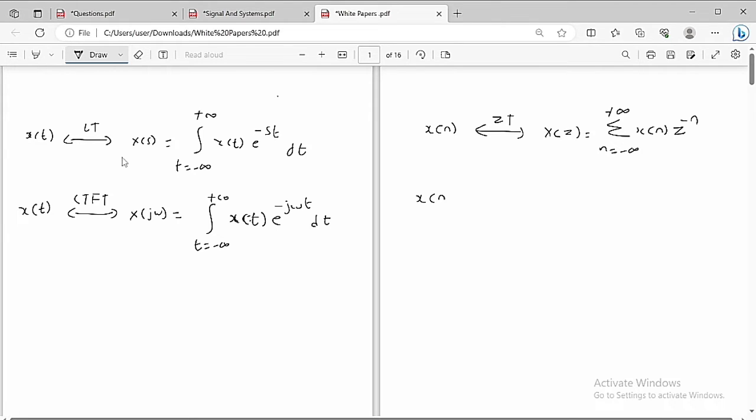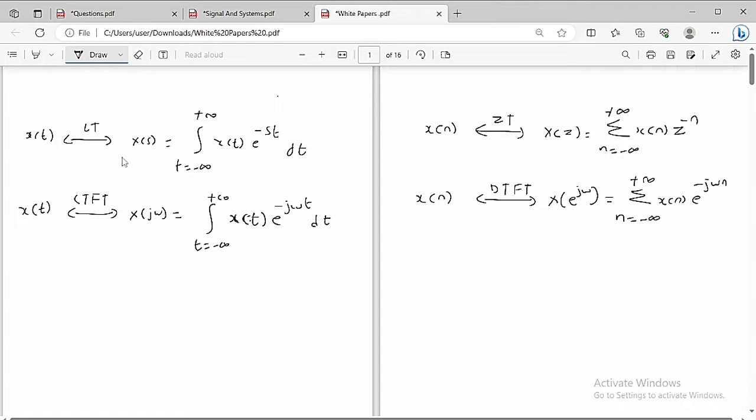For x of n, if you want to find the discrete time Fourier transform, then in place of z, replace z by e to the power of j omega. That's it. Then we are going to get the sum from n equal to minus infinity to plus infinity of x of n into e to the power of minus j omega n. So these formulas you always have to keep in your mind.